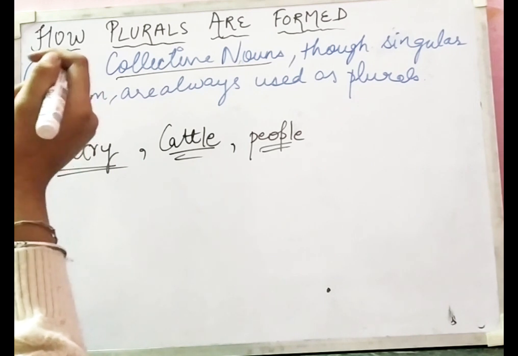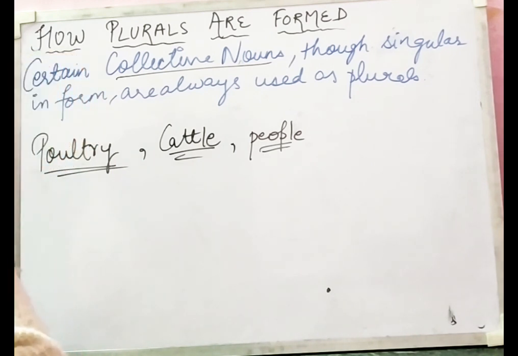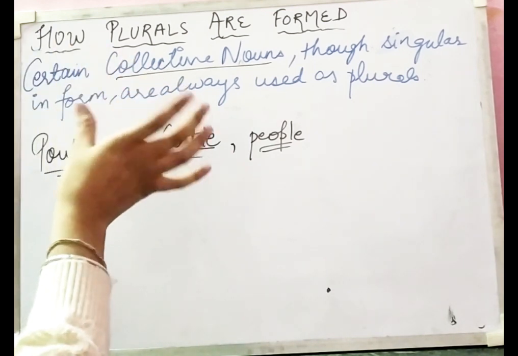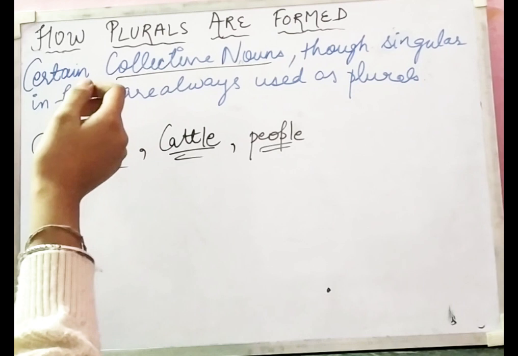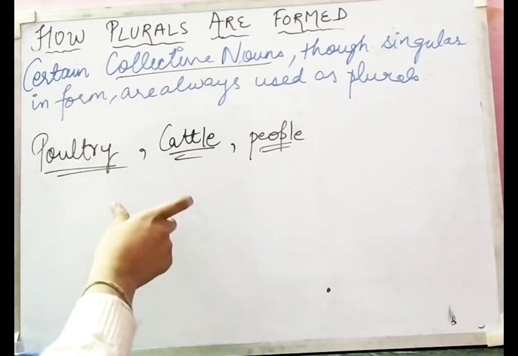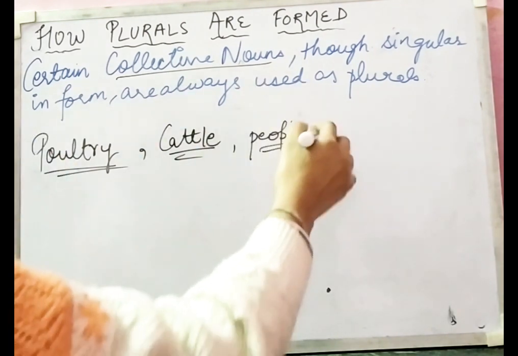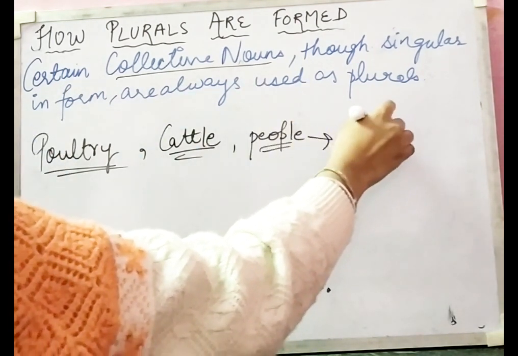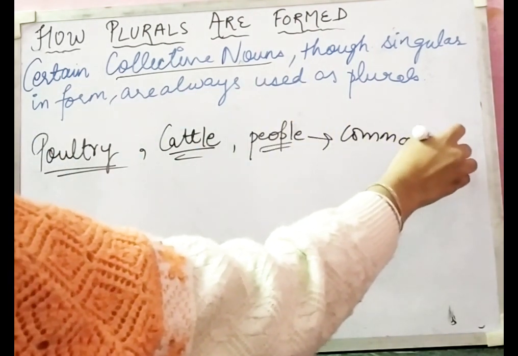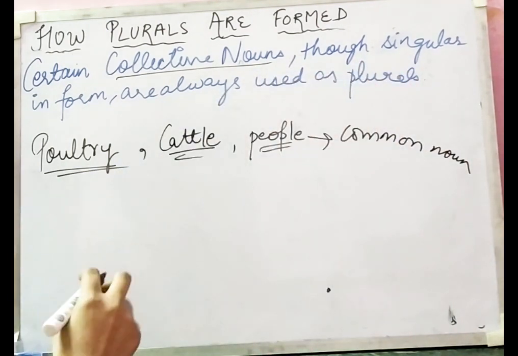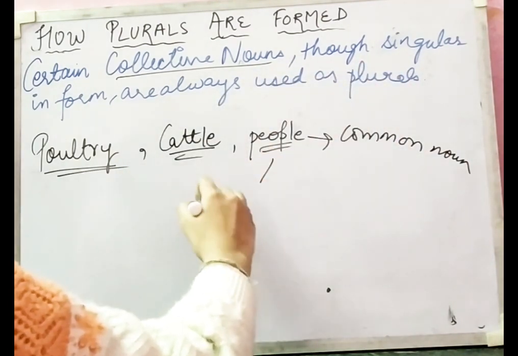I think this much is clear to you. Now I like to share one thing, that is, as a common noun, people. People is a common noun. Means इसका मतलब nation भी है.